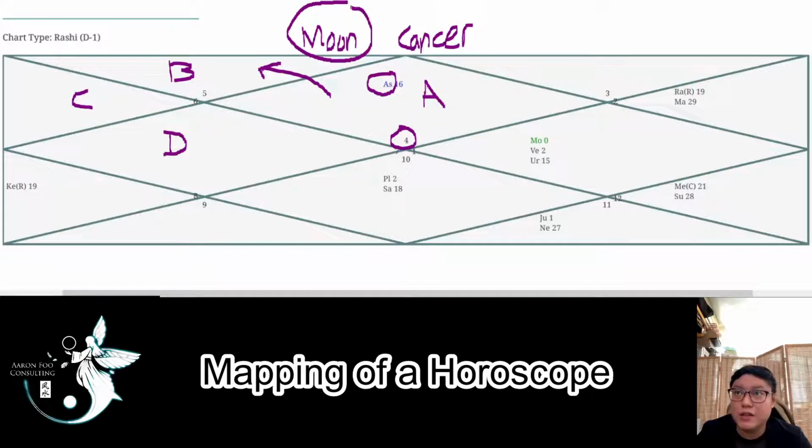So this is a Cancer ascendant, the lordship is the Moon. With this knowledge that this is Cancer, we can proceed to work out the rest.